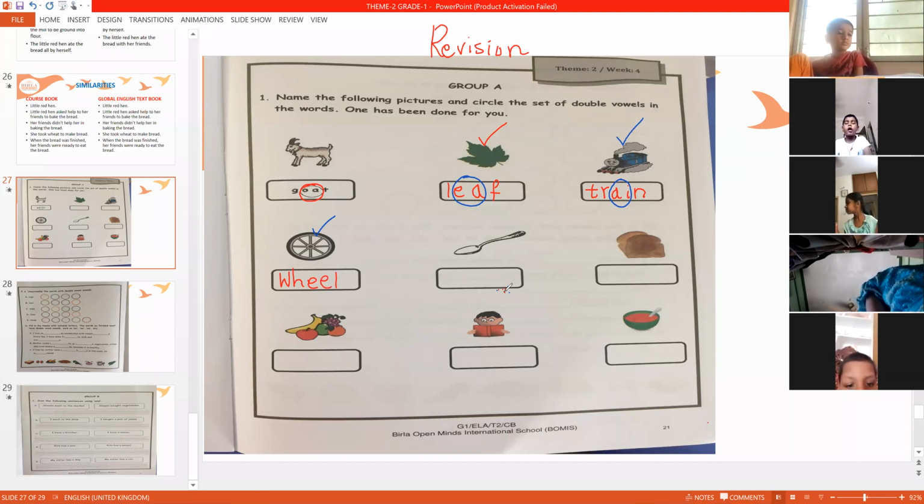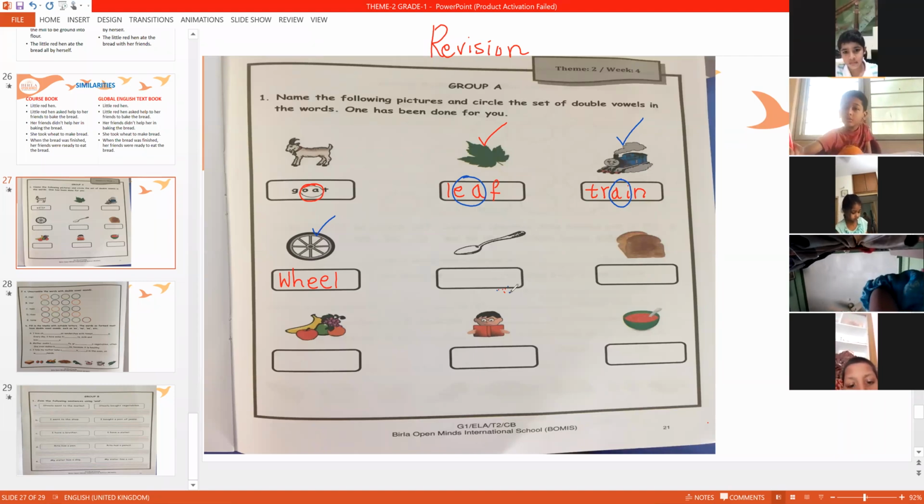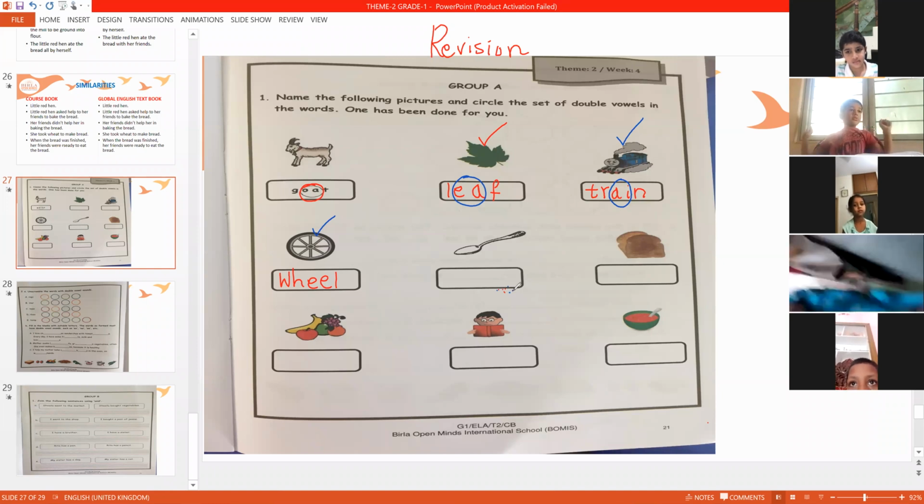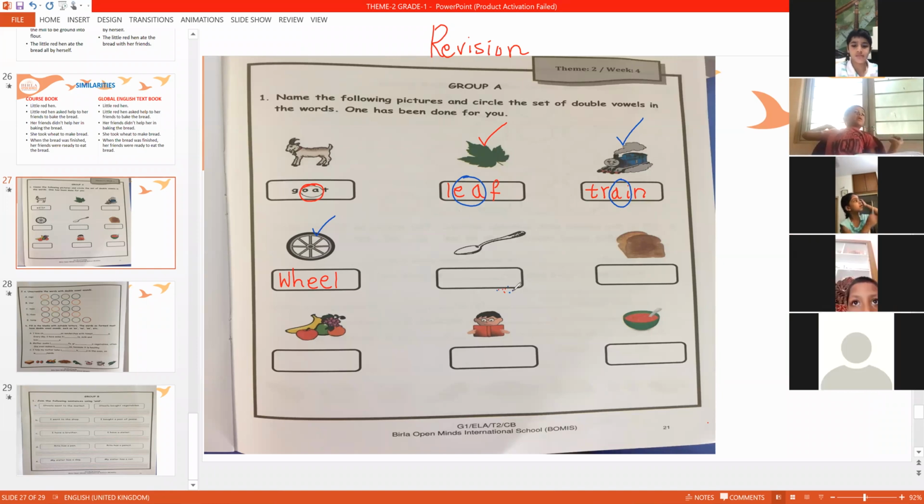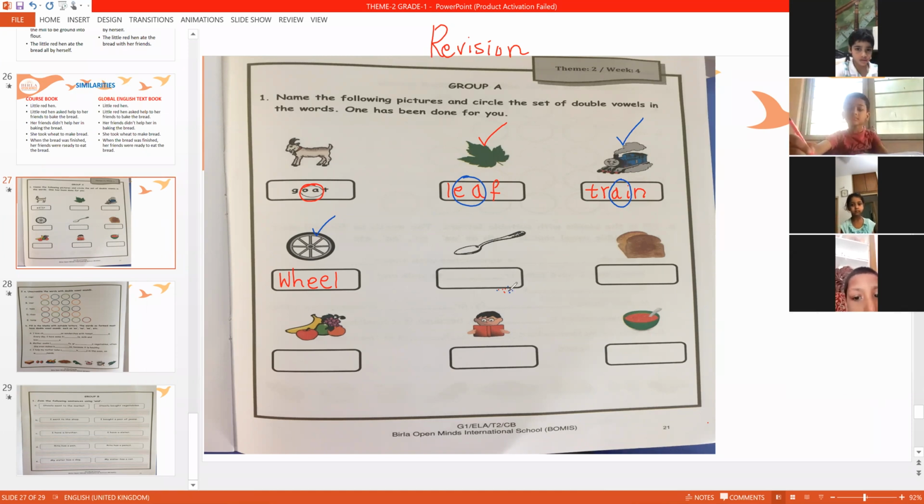And what are the vowels here? Children, what am I writing? Wheel. How many vowels can you see in the word wheel? You can see E. So this is also a double vowel word.